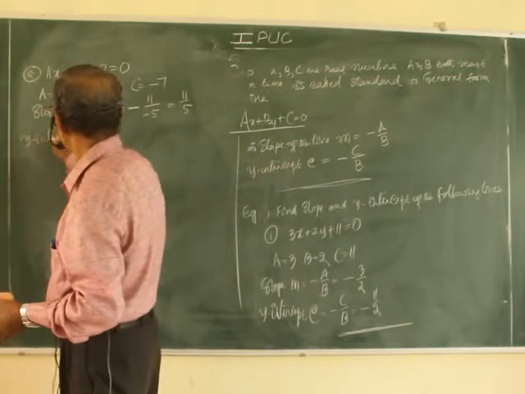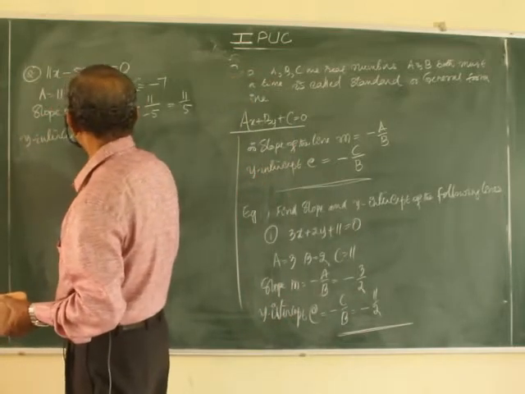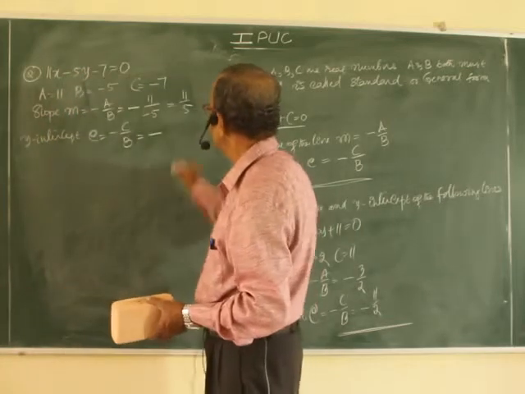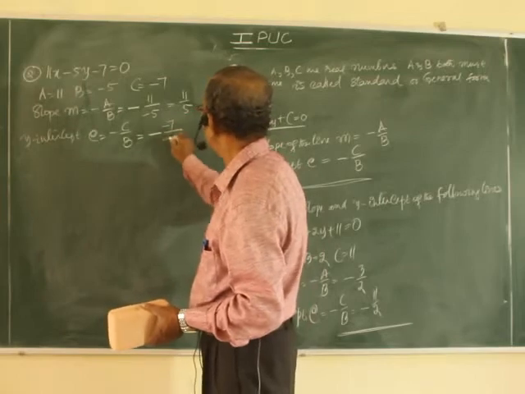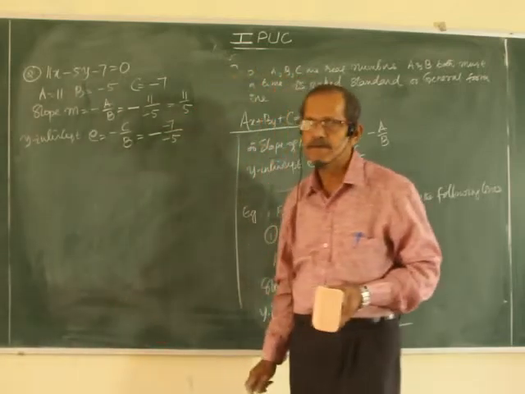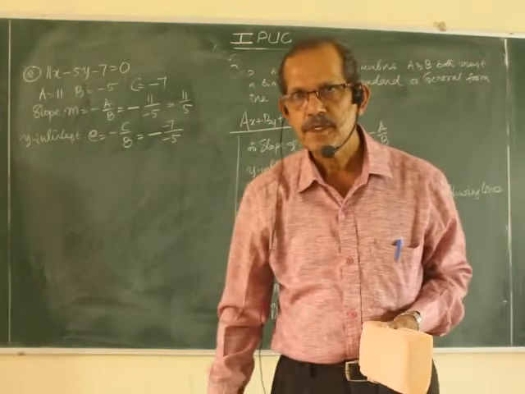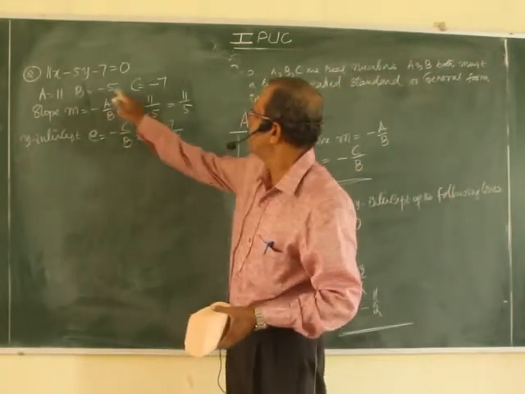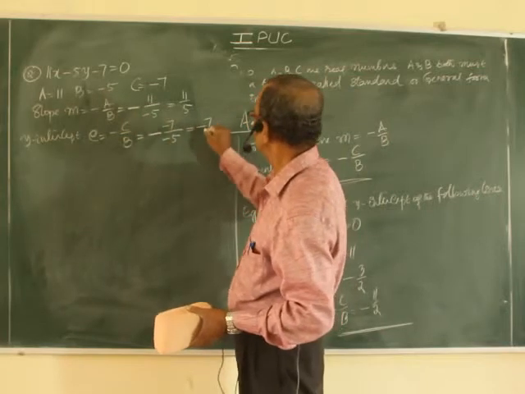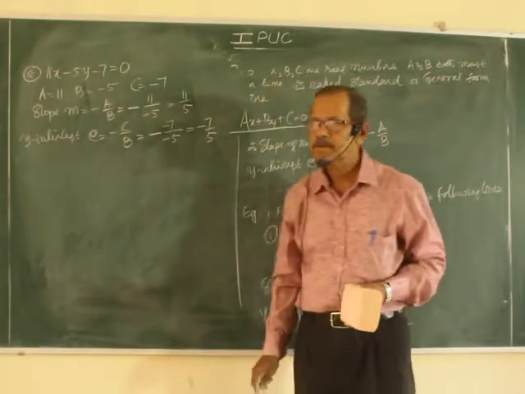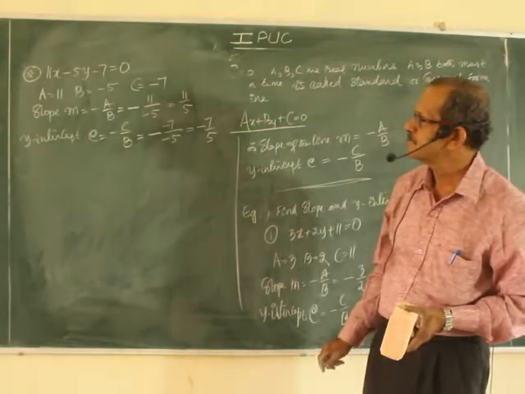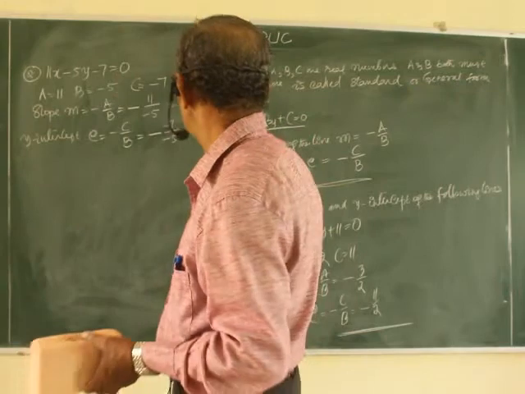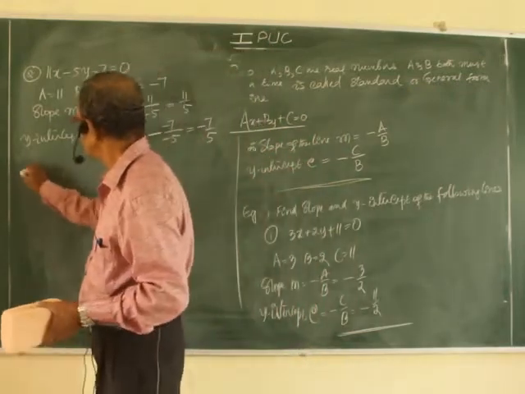Y-intercept c equal to minus C by B. Very careful. Formula minus, C is again minus, B also minus. Minus 7 by 5. Careful to write values.